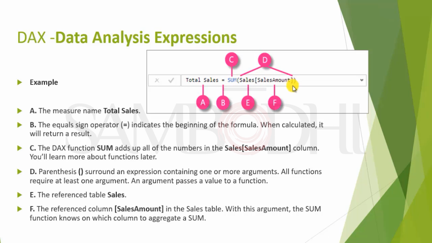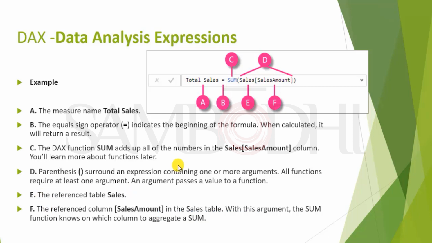In the programming world, all functions would have a parenthesis, and if there are arguments to be passed, those would be contained in that parenthesis. So that's why parentheses are important. SUM is highlighted in blue, if you look over here, because it is an inbuilt function given by Microsoft and Power BI.